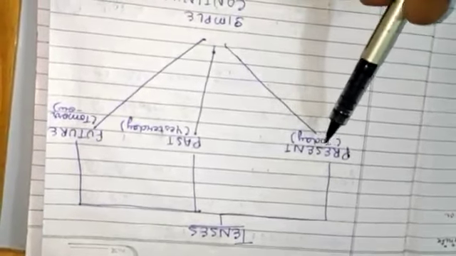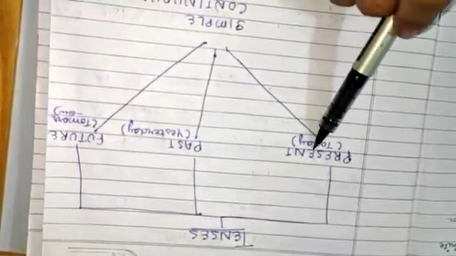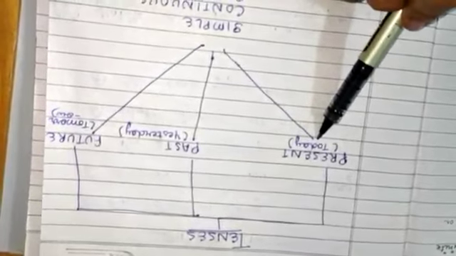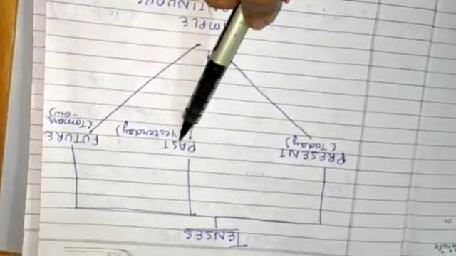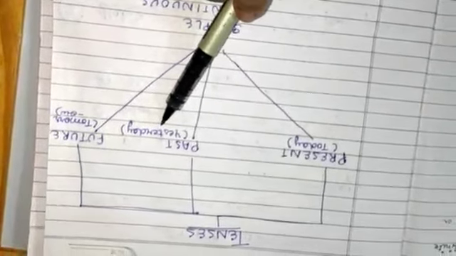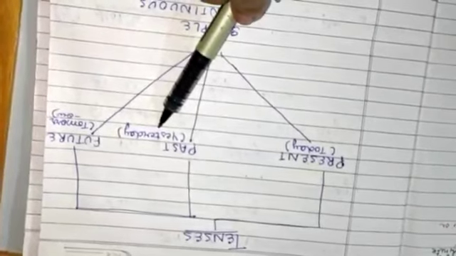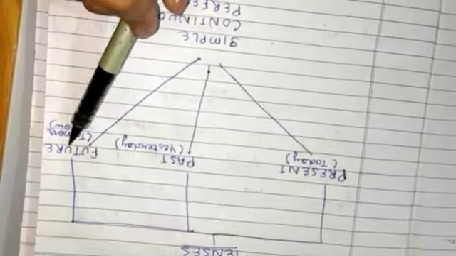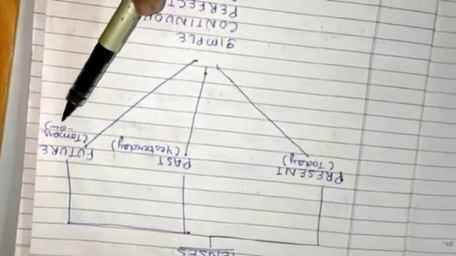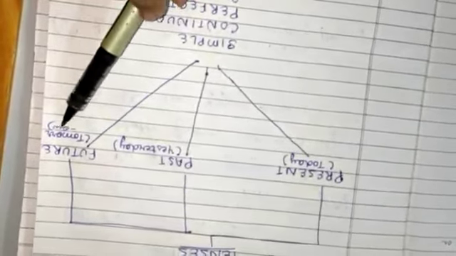First one is present tense, that means today. Second is past tense, that means yesterday, the time which has gone. And third category is future tense. That means tomorrow, the time which is yet to come.